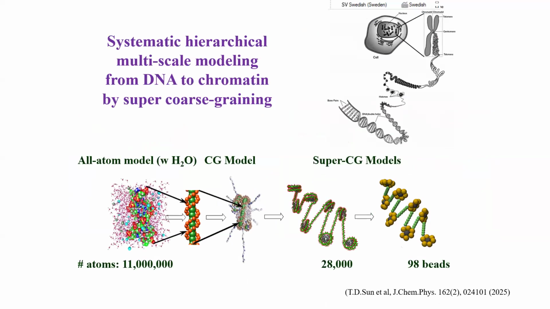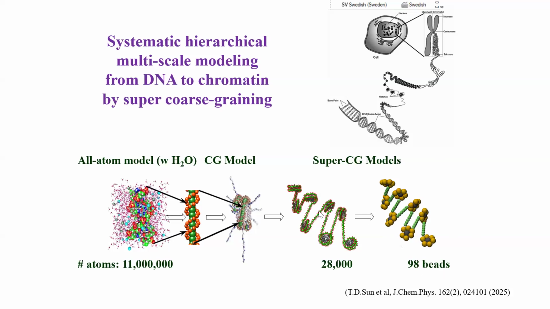So to finish this lecture, I summarized the last simulation in this slide, so that you can see how powerful this method is, because on the right there's a super coarse grain connected nucleus and core particles, and for that we need 98 beads.